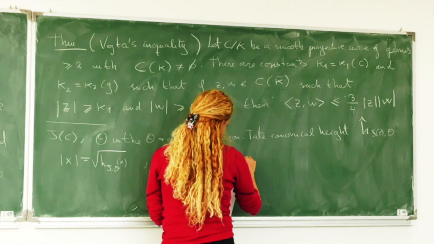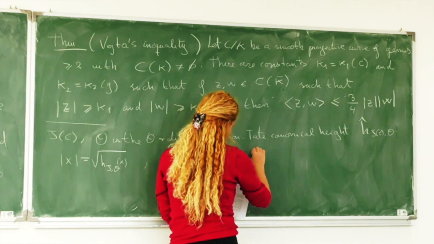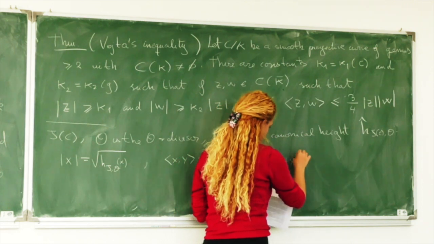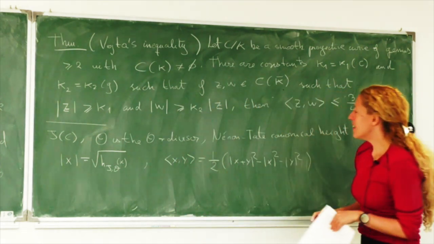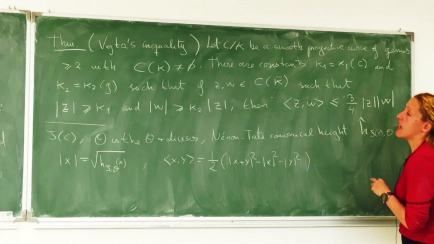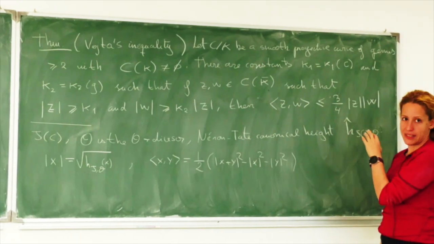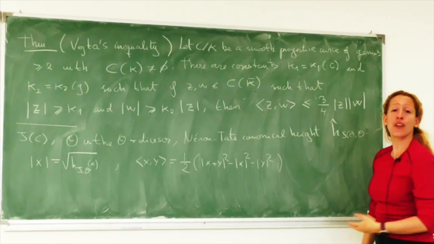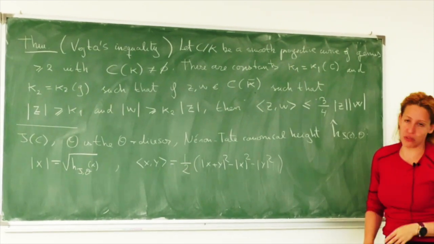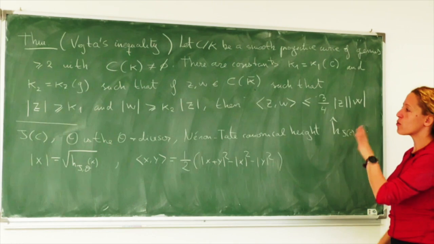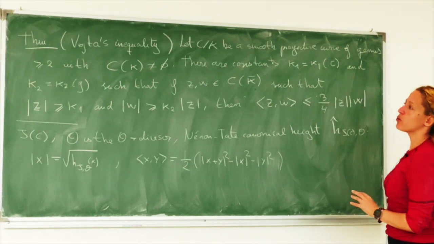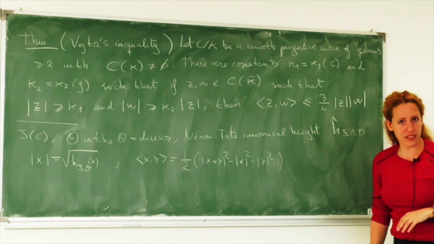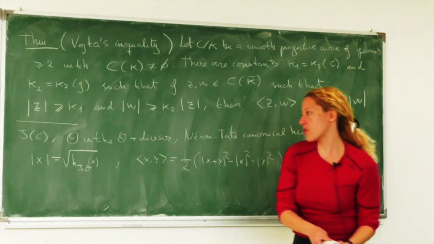It's the same thing that we saw in the previous lecture. It is a little bit hidden in the Vojta inequality statement, but basically here we are stating an inequality with the heights of the points. Okay? So this we are not going to prove, but we are going to use this Vojta inequality to prove Faltings' theorem. So let's go.